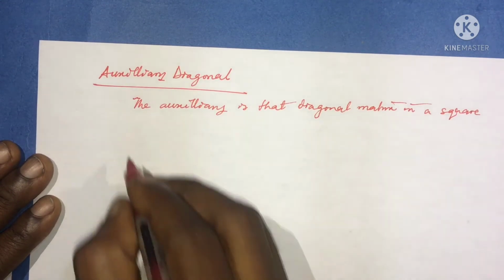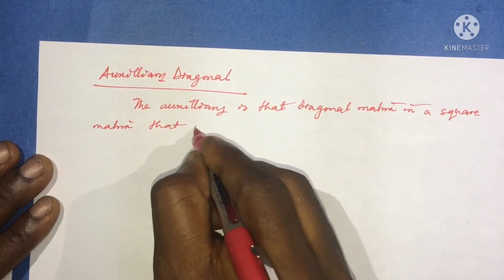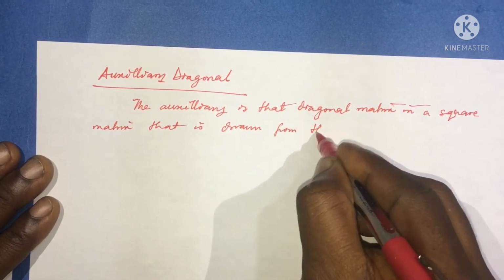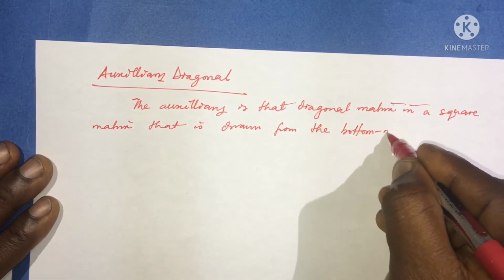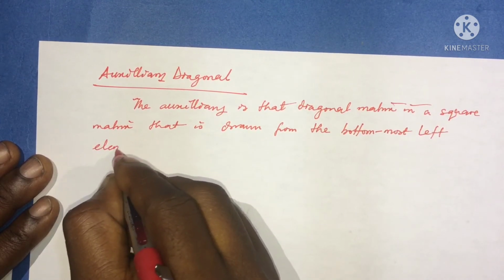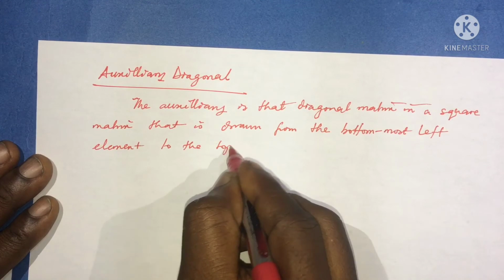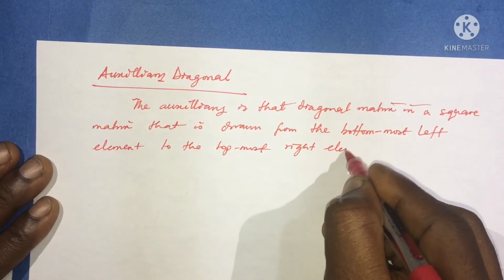Okay, so it is that diagonal in a square matrix that is drawn from the bottommost left element to the topmost right element.